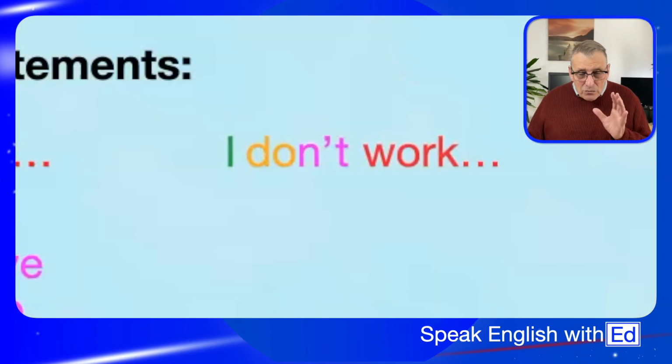It might be difficult at first, right at the beginning, but when you practice and you get used to it, you will get it easily. Don't goes into the sentence where do not goes. So I don't work.